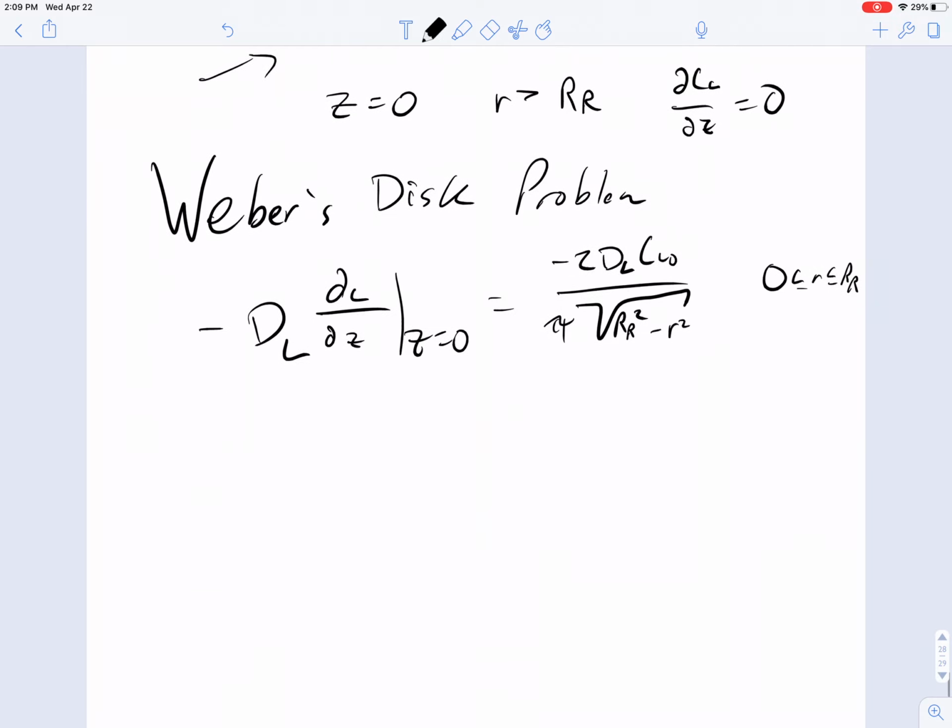So what you need to do is calculate this over the entire radius of the receptor and then add it all up. You have to calculate this flux over the surface of your receptor.